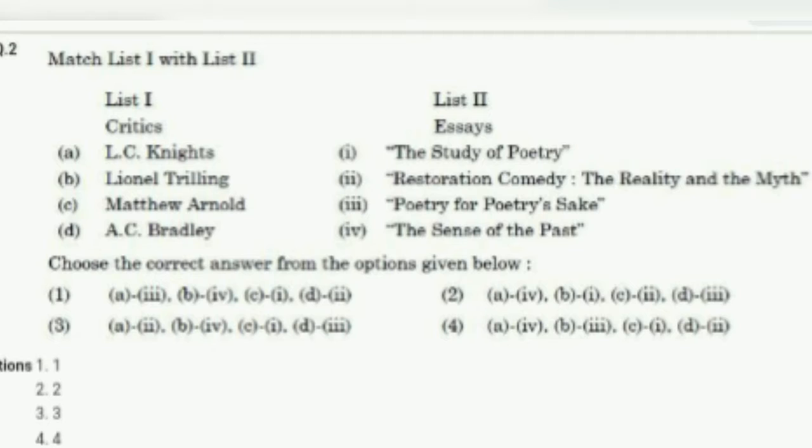The essay Restoration Comedy: The Reality and Myth is included in his collection Explorations, which is a collection of essays on criticism, mainly on the literature of the 17th century, published in 1946. Lionel Trilling is an American literary critic, short story writer, and essayist.